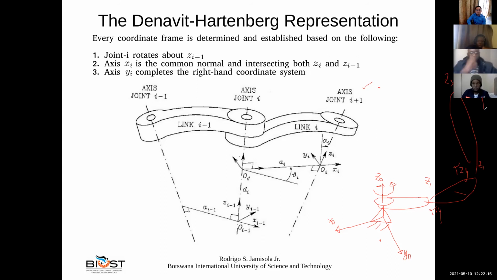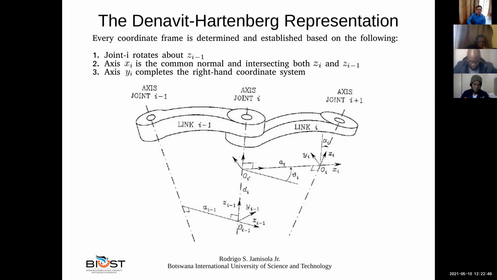But we start with the base that is arbitrary. It's up to you to choose. Arbitrary in terms of the orientation, or in terms of how X0 and Y0 are oriented, as well as the location of the origin. Building on this frame 0, you can build frame 1, frame 2, and frame 3, and so on. So let's continue.